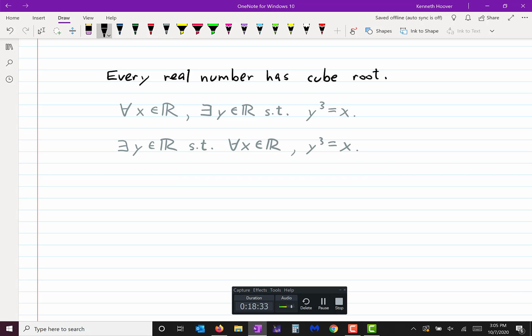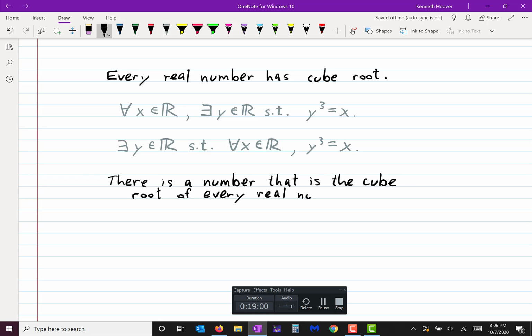In words, that second one is saying there is a number that is the cube root of every real number. That is, of course, not at all true. There is not one number that is the cube root of everything.